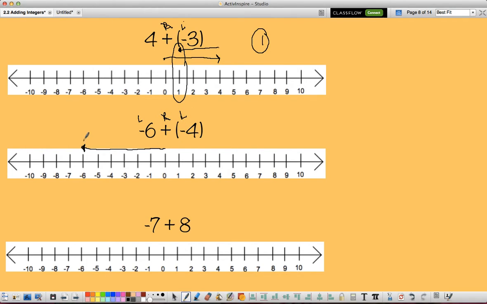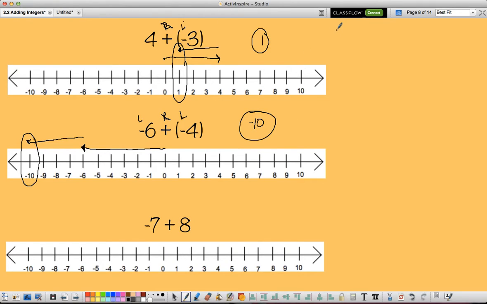So I continue to go left 4 more spaces, so 1, 2, 3, 4. And I end up at negative 10. Well, this follows my rule that a negative and a negative gives me a negative, because even though plus tells me to go right, the negative tells me that I'm actually going to continue going left. So I end up at negative 10.